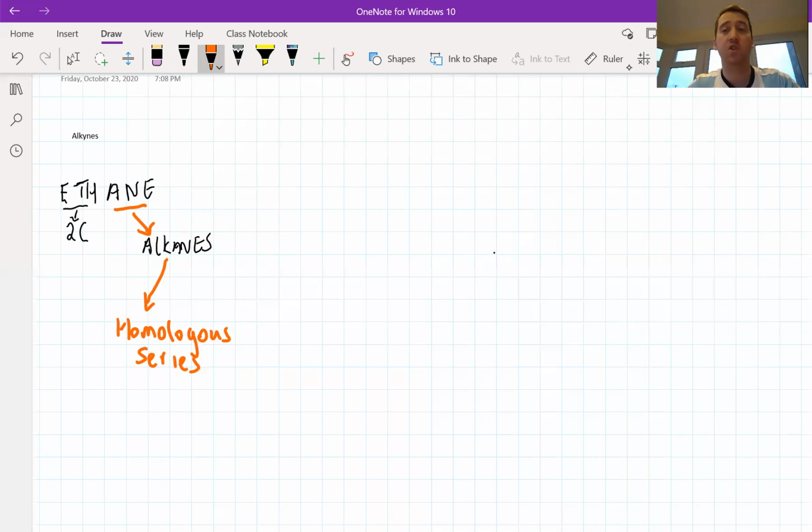They have the same general formula. They have the same functional group. They do similar chemical reactions, and we prepare them in similar ways. So if we wanted to make all the members of a homologous series, they would have a similar method of production. Those are the key things about a homologous series.